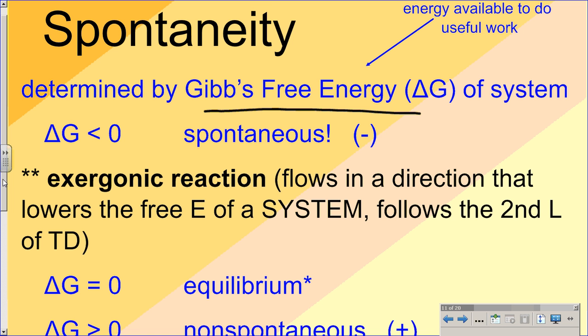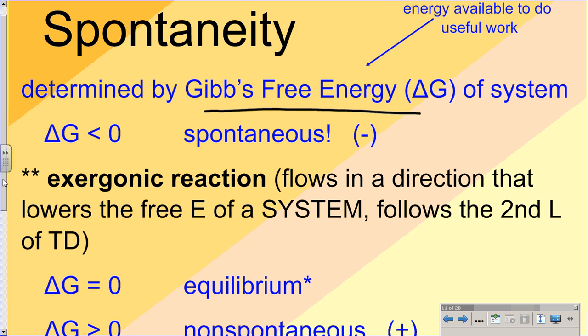I was going to tell you something on the back page before I move on. What two conditions did I just tell you were favorable for a reaction to occur spontaneously? Positive and negative. Okay, so positive entropy and negative delta H, or negative enthalpy, right?